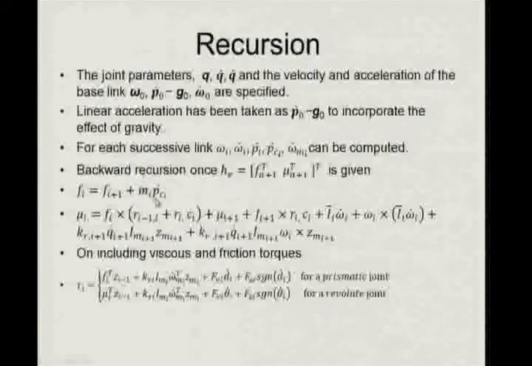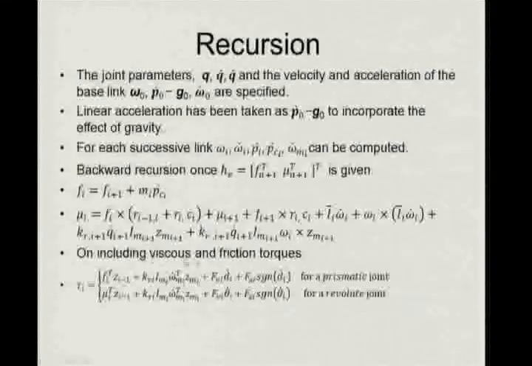And then you just write the force Fi as equal to Fi plus 1 plus mass times the acceleration of the center of mass of that link, mass of the ith link and center of link. Similarly, you write the moment equation, which is slightly more complicated because there are too many terms here.